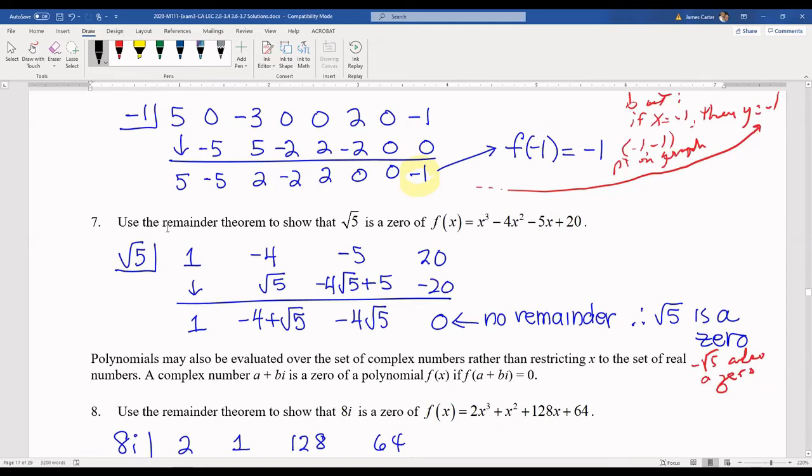In other words, negative 4 times square root of 5 squared. I get negative 20, 0 remainder. So what that's saying is that this square root of 5 is a 0 of this. And if that's true, then negative square root of 5 also is a 0, because radicals have to come in conjugate pairs.